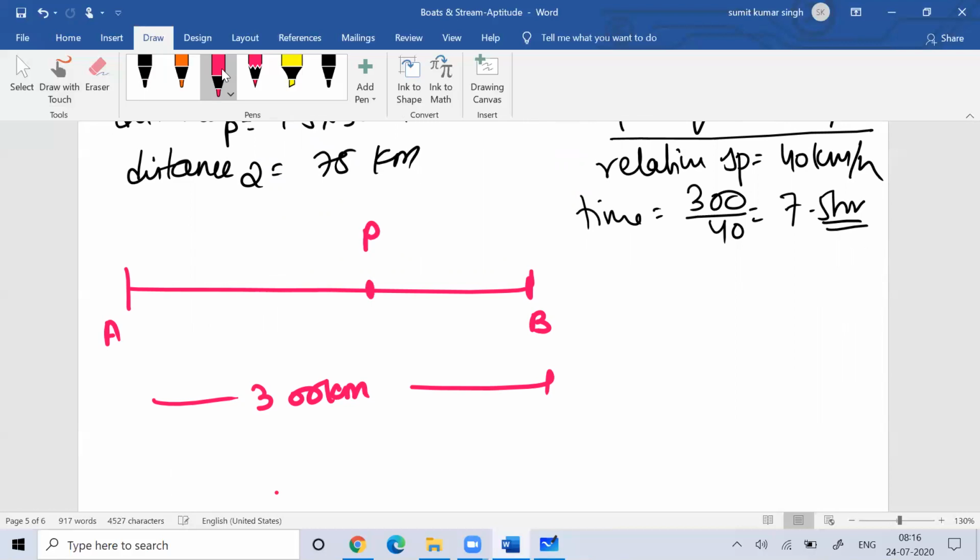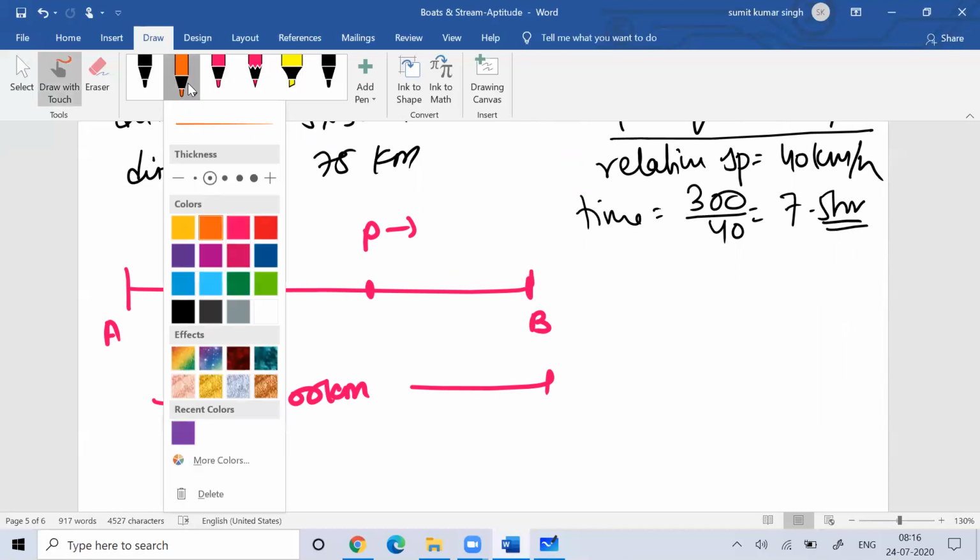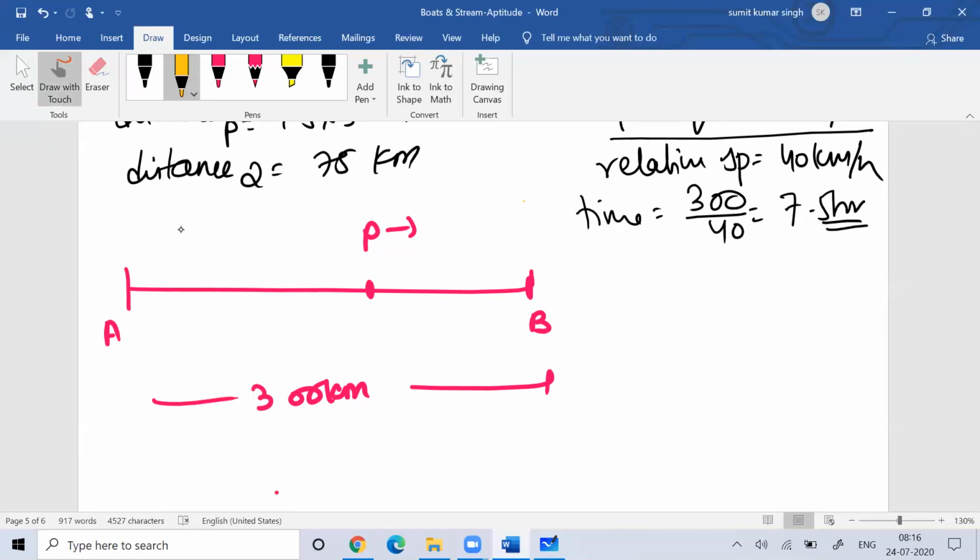Here is boat P, and it has covered 225, and boat Q has covered 75. Here they met. Now what will happen when they meet next time?